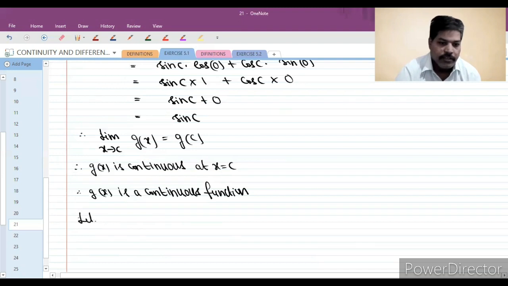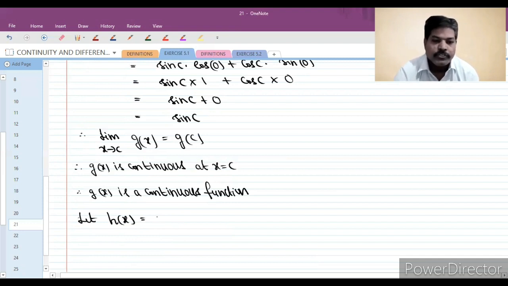Let h of x is equal to cos x. So clearly, cos x, that is the h of x.